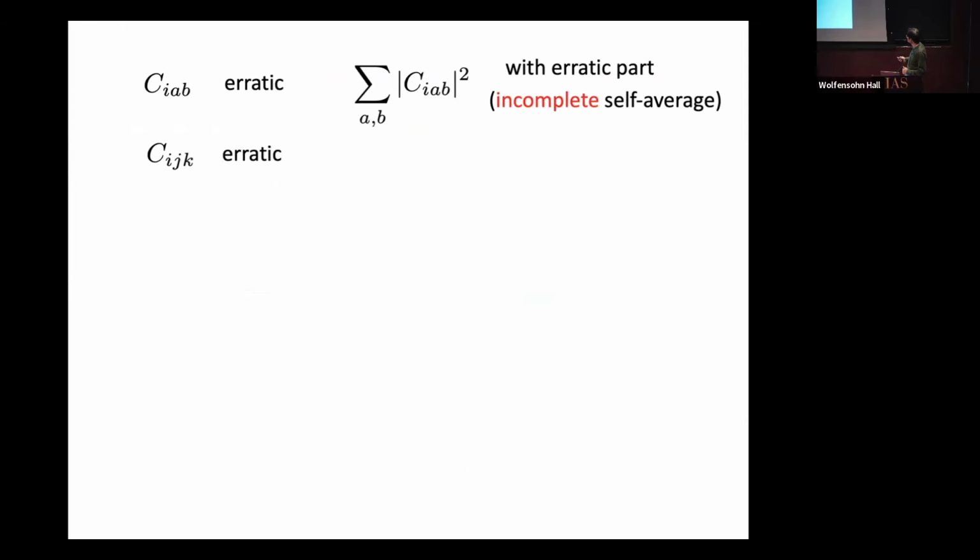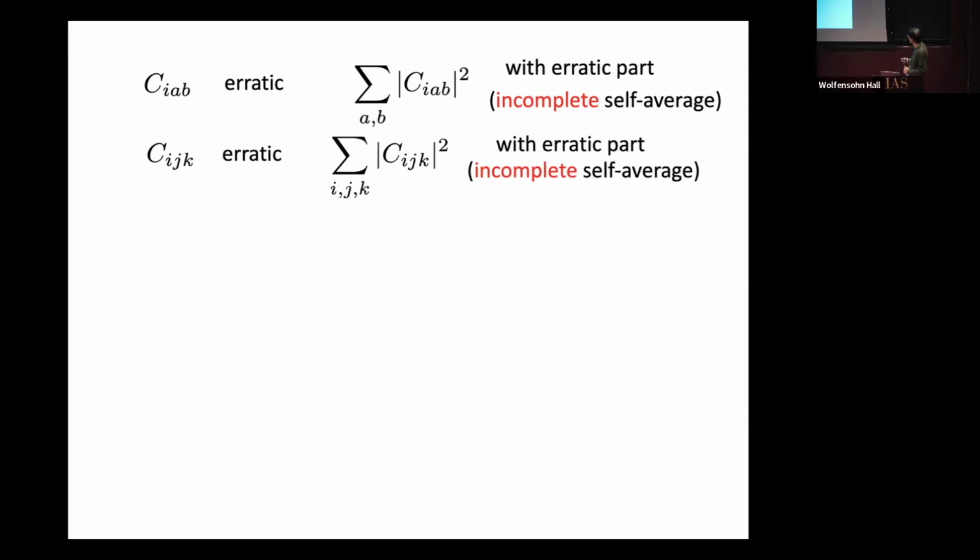And similarly, if you look at the heavy OPE, in general they will be erratic, and the claim is that this kind of sum will also contain an erratic part, and again this is incomplete self-averaging.